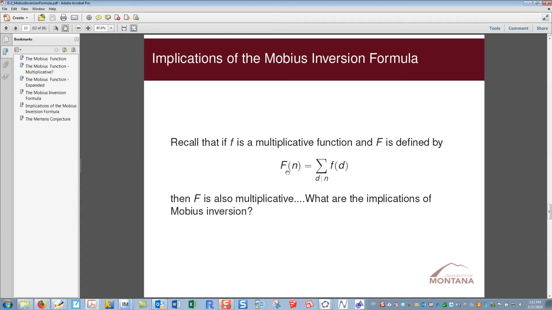And so what that really means is that when we invert this, you're going to solve for some f of d, and that particular function will be multiplicative as well. So I guess what that means is that this works in reverse, right? So if Mobius inversion allows you to invert something, if big F is multiplicative, then little f will be multiplicative. Hope that makes sense.